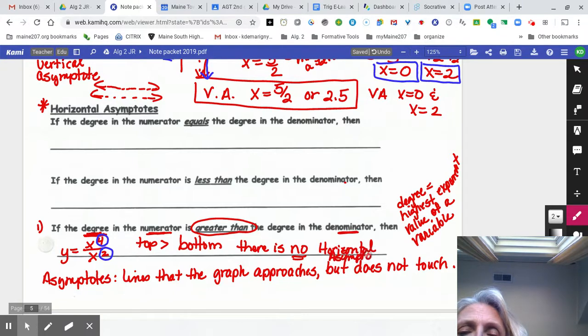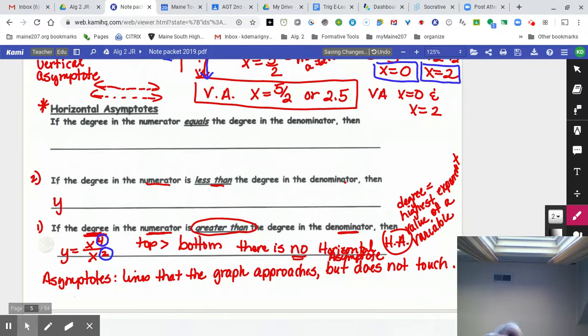Now, guess what we're going to call horizontal asymptotes? HAs. So if the top degree is bigger than the bottom degree, there is no horizontal asymptote. Now, I'm going to back up one. What if the degree in the numerator is less than the degree in the denominator?